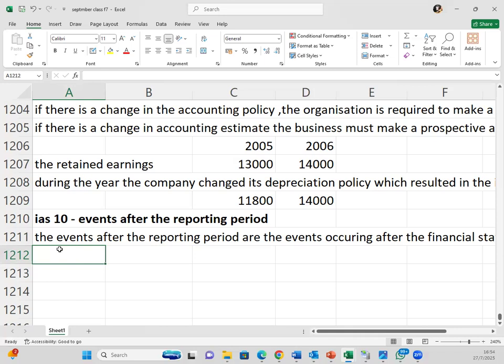Some issues can come to our attention. These issues can either fall in the bracket of adjusting events, or they can be issues falling in the bracket of non-adjusting events.